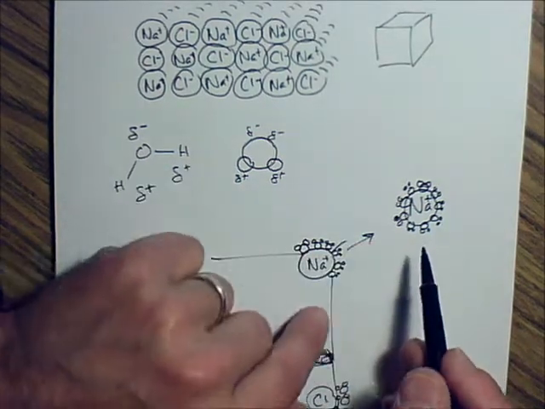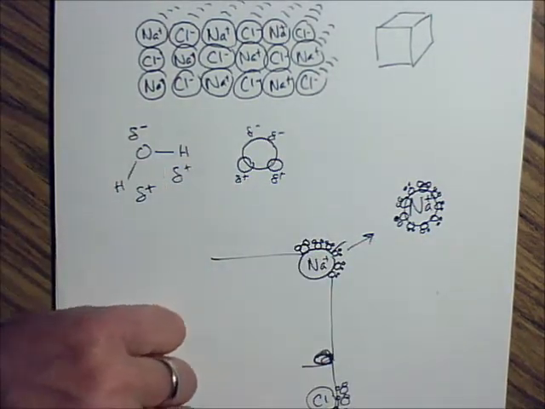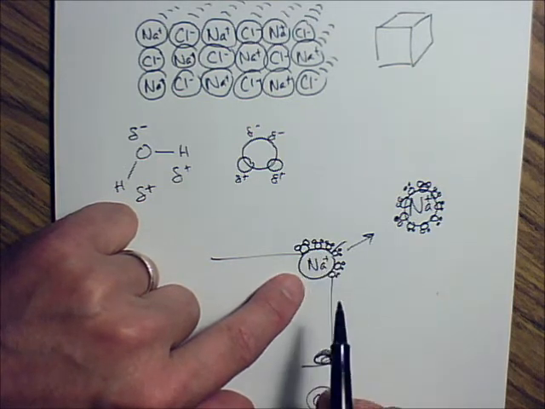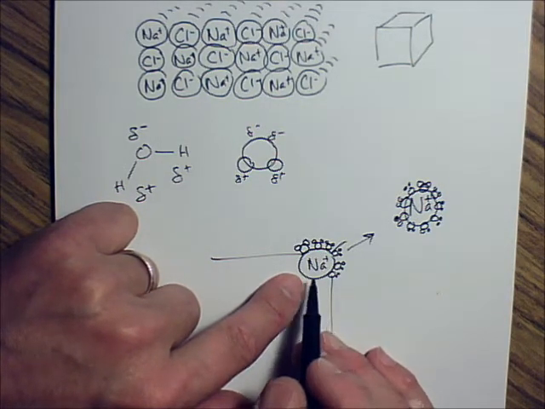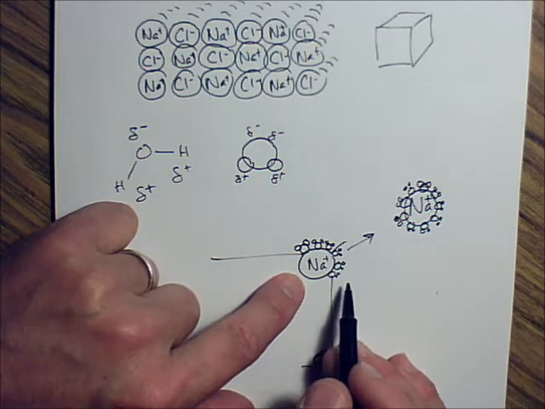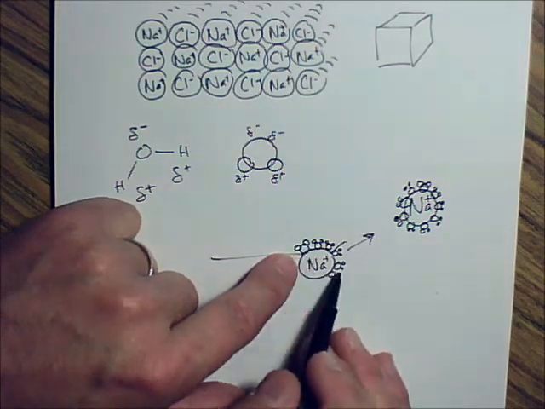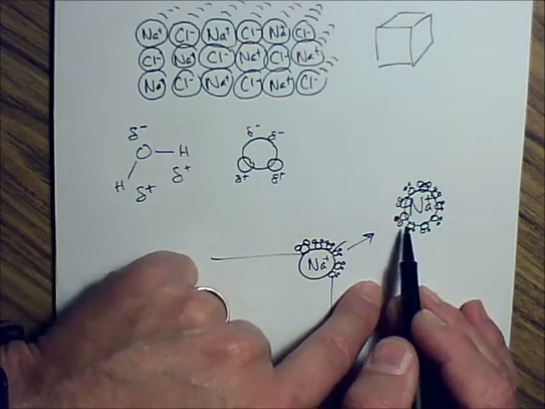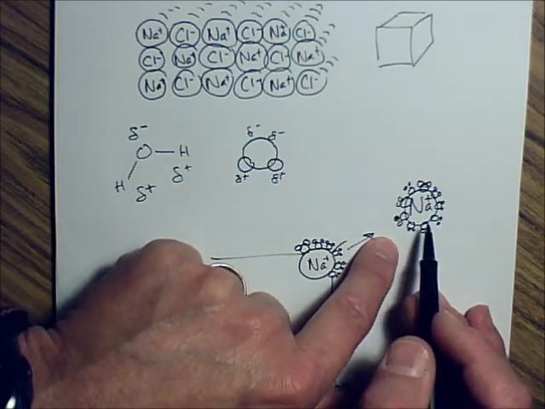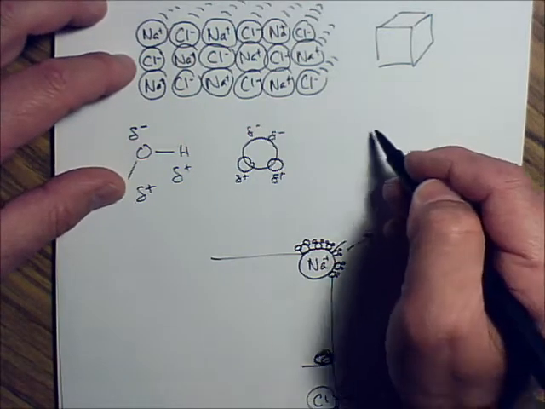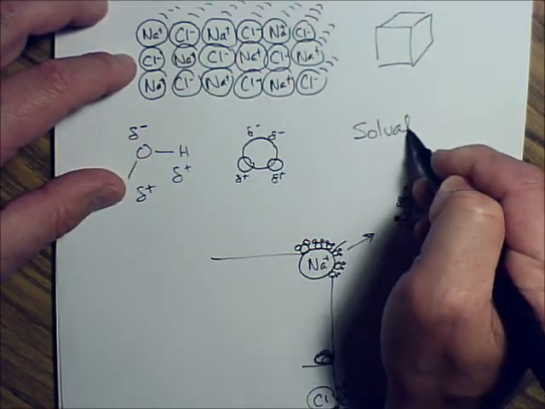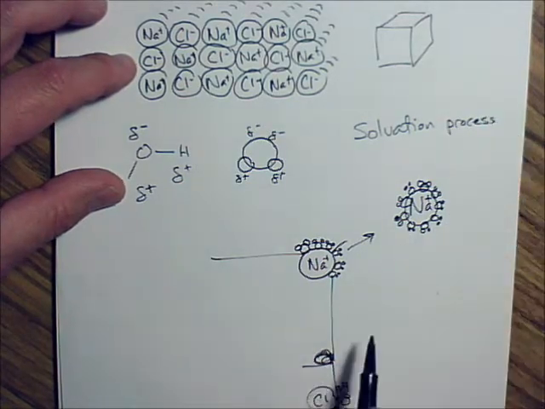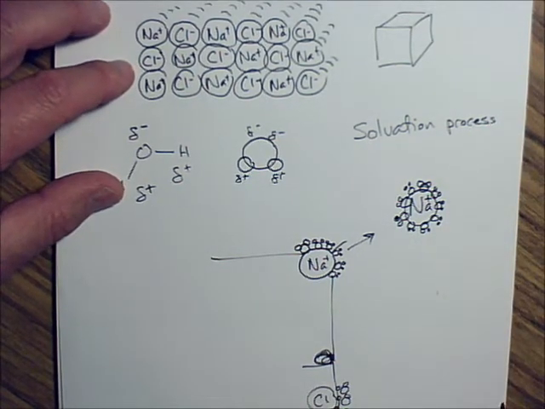All right, this whole process, where the water molecules join up to a sodium ion while it's on the crystal, supplying that sodium ion with the negative partial charge it needs, and the sodium ion leaving and being completely surrounded, all of that together is the solvation process, and describes the solvation of a sodium ion.